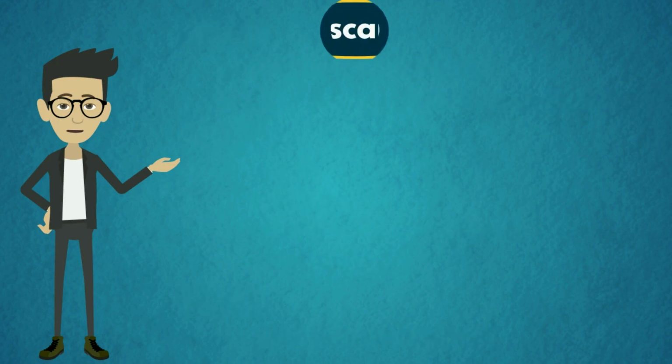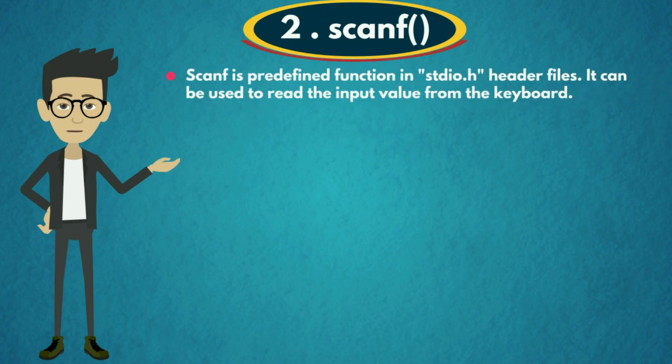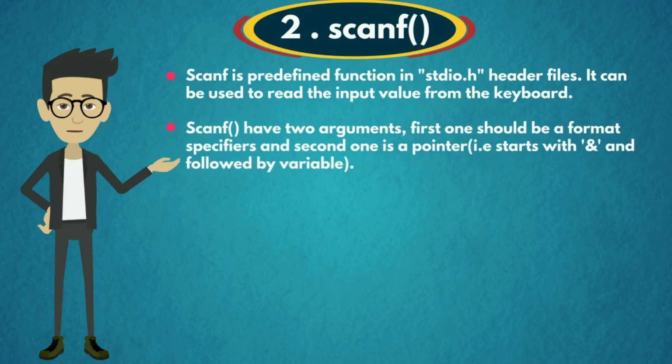The second IO function is scanf. Scanf is a predefined function in stdio.h header file. It can be used to read the input value from the keyboard. Scanf has two arguments. First one should be a format specifier, and second one is a pointer, that is, it starts with an ampersand followed by the variable.